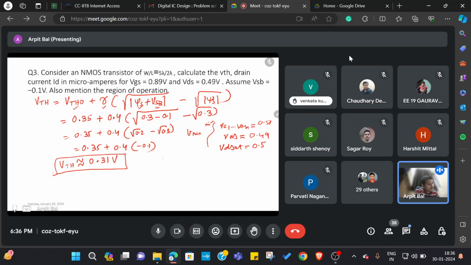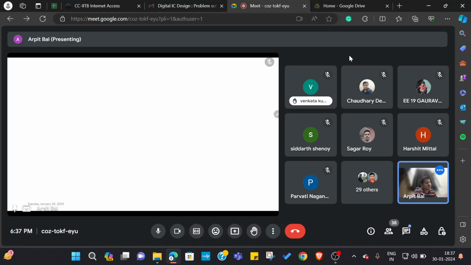VGS is given to us as 0.89 minus VTH, 0.31, so that is 0.58. Out of these, which one is the minimum and what is the region of operation? Linear. Correct. Because VDS is minimum, our region of operation is linear, and we will use the Vmin value as equal to VDS.